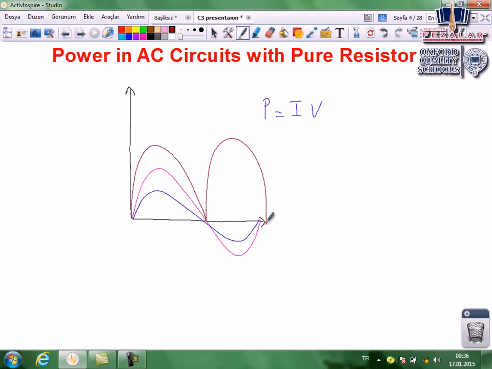So we can say the average power in this circuit can be calculated by maximum power over 2. That means average power in an AC circuit with a pure resistor is half of maximum power. We will prove it in the next slides.